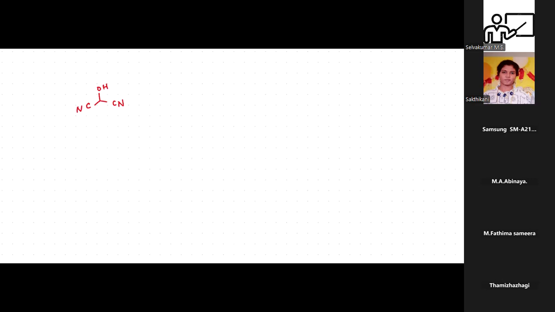A carbon is here, and in one direction it has an OH group, and in another place it has C triple bond N. On the other side also it has a C triple bond N, and there is one more bond to be put, which is H. So this compound can be written like this.